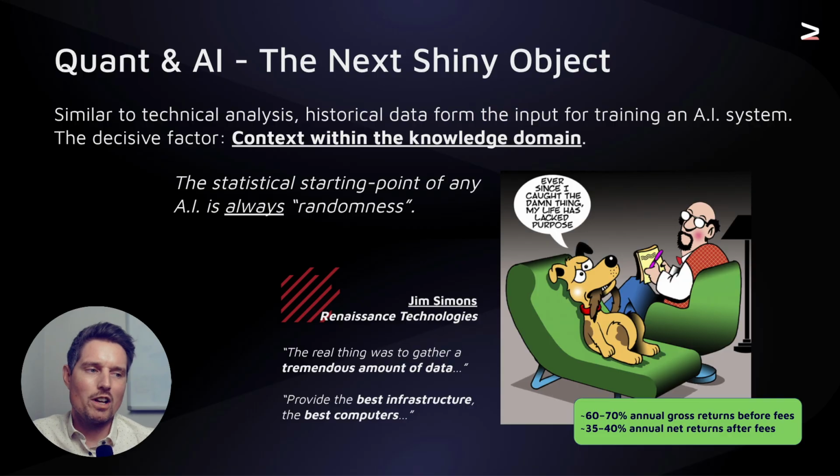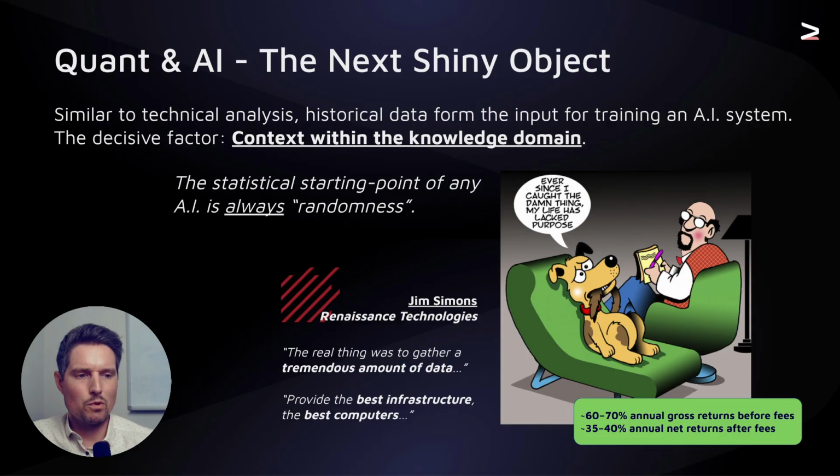So as a dog chasing its tail, you'll make a circle and come back to the fact like, oh yeah, I did this training, I fed it all this data, and out comes random garbage, right? Because the statistical starting point of any AI is always randomness. An AI doesn't value your data, it doesn't contextualize your data in any way, it just accepts it the way you feed it into the system.